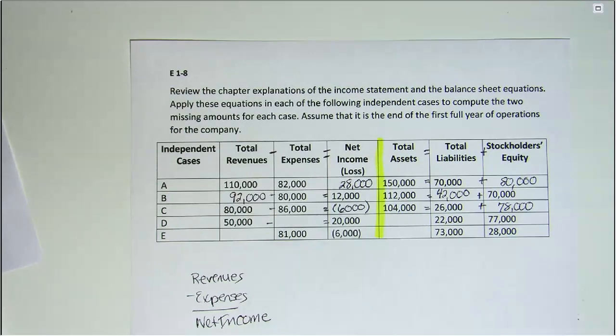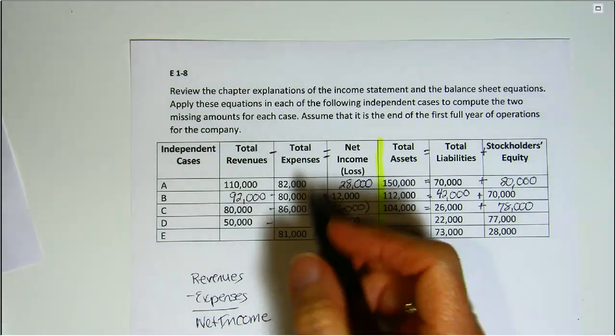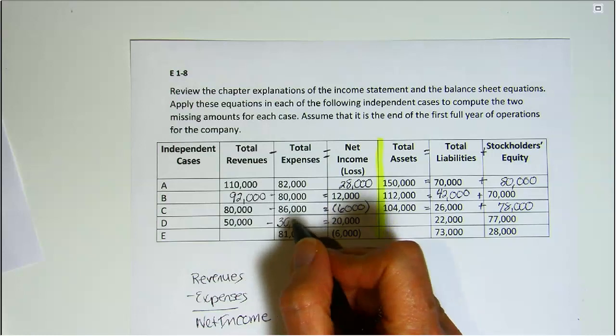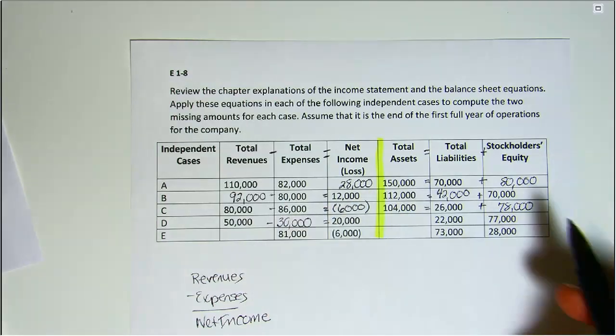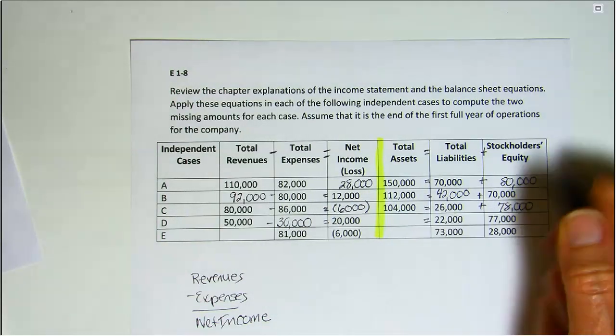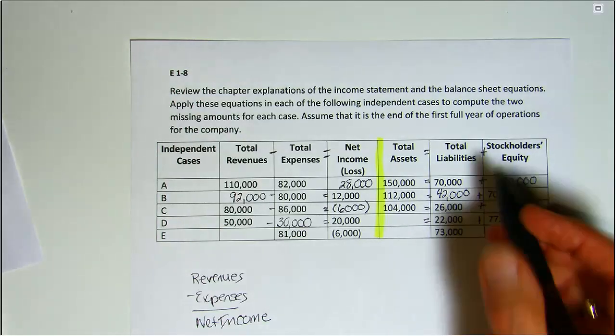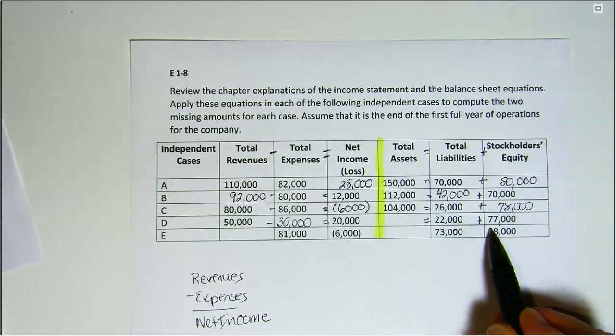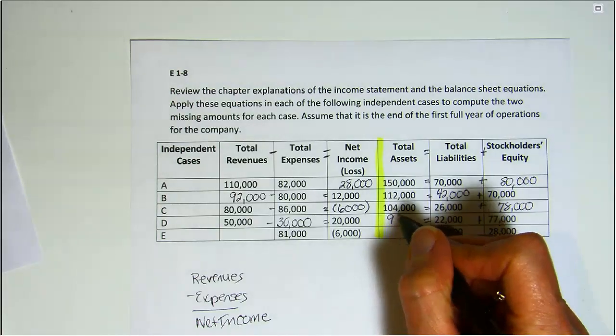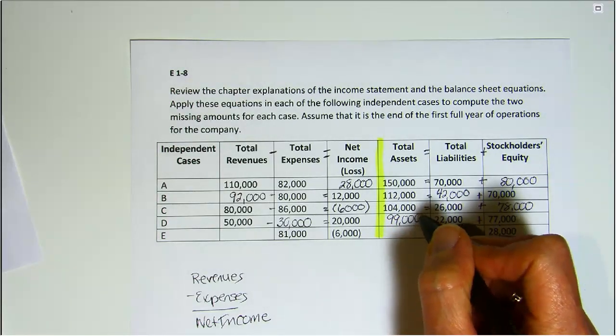So what did you subtract from 50,000 to get to 20? That would be 30,000. And then for our total assets, assets equal liabilities plus stockholders' equity, so 22,000 plus 77,000 equals 99,000.